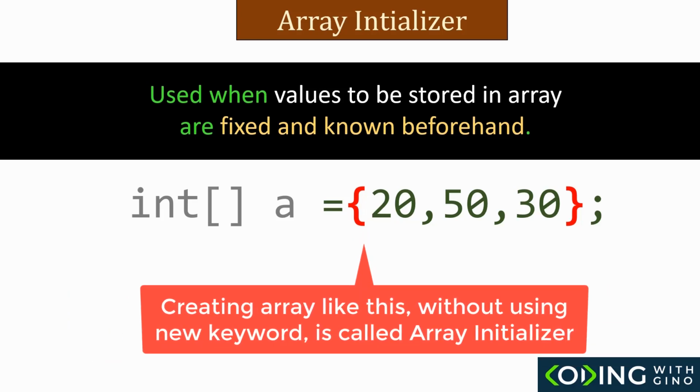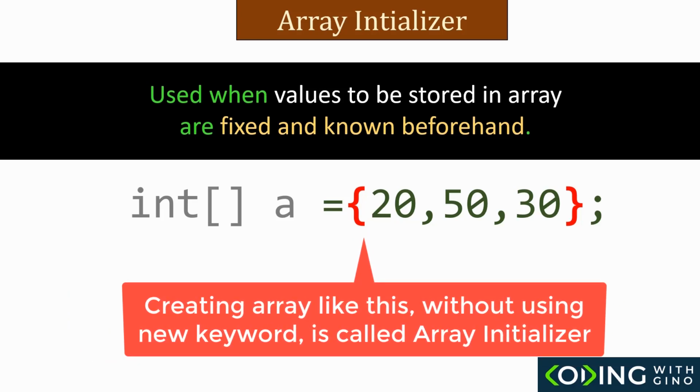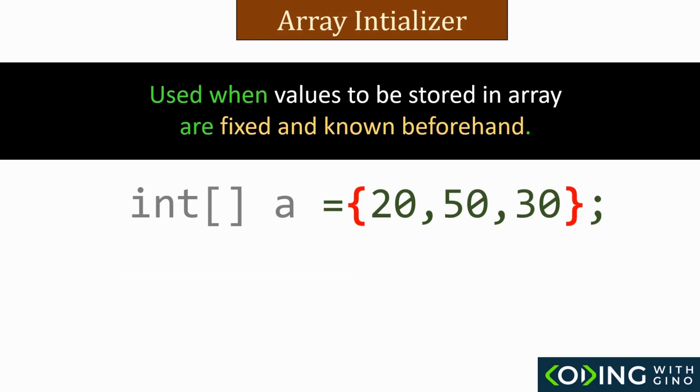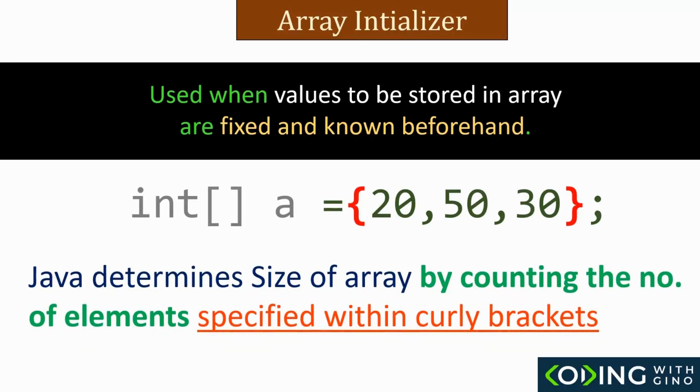The declaration part, meaning the left side of equals, remains the same. Only the RHS part changes. All we have to do is put curly brackets and write down the values we want to store separated by a comma. Java will determine the size of the array based on the number of elements we specify.